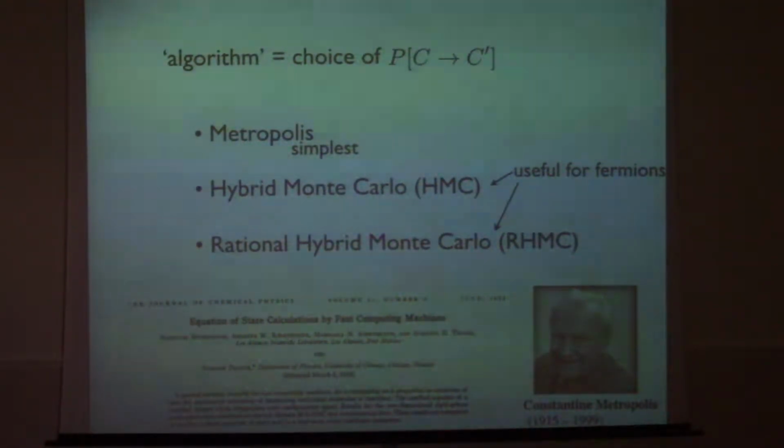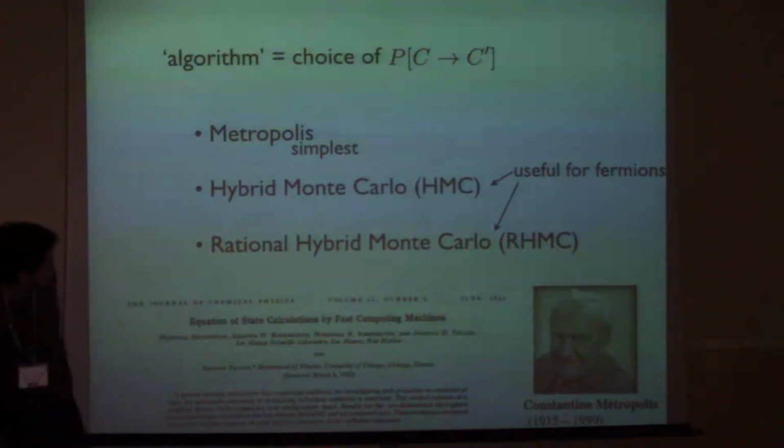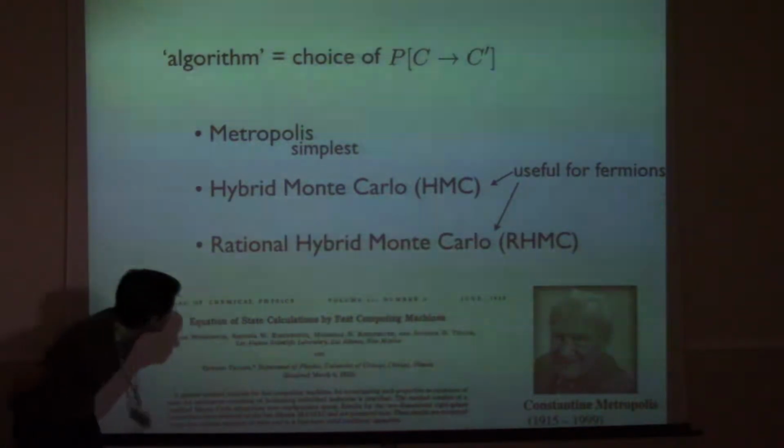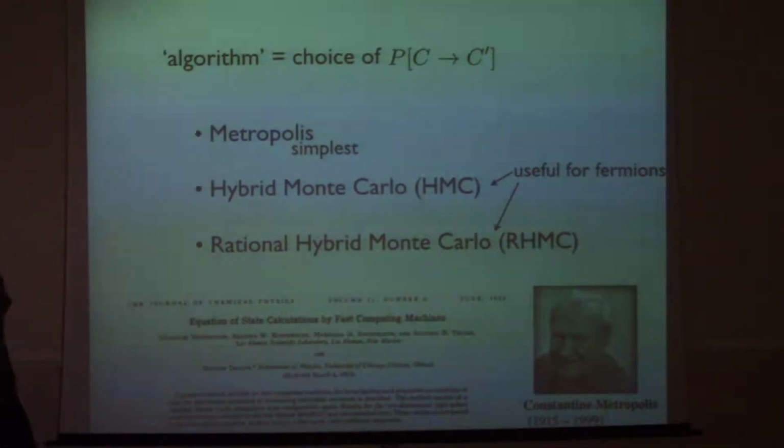And this is a paper proposed by Metropolis, Rosenbluth, and Teller. The last one, Teller, is that famous Edward Teller, father of the hydrogen bomb. This is called the Metropolis algorithm because he's the first author and the other people's names are hard to pronounce.